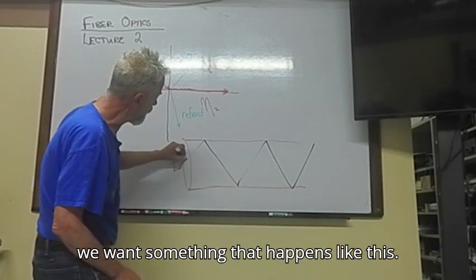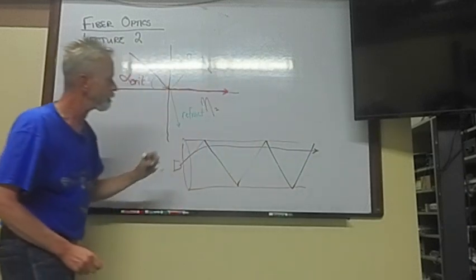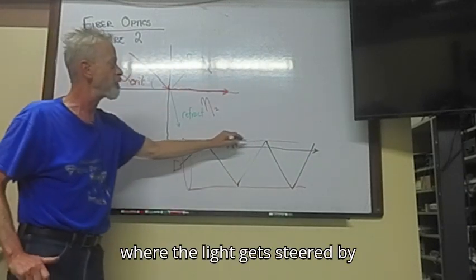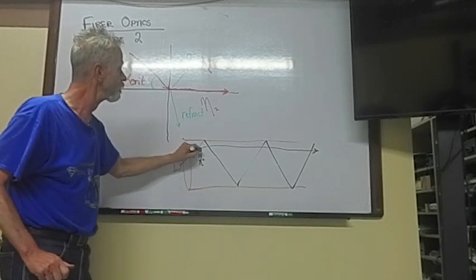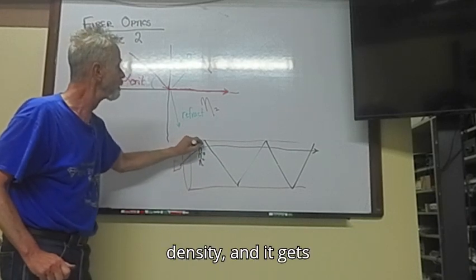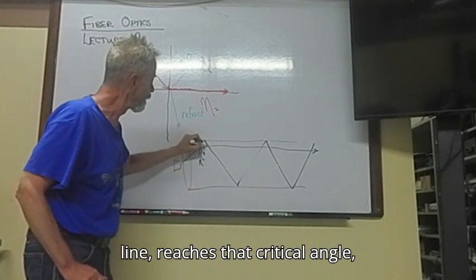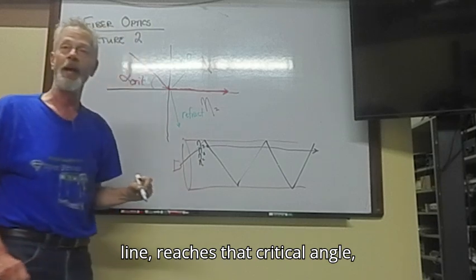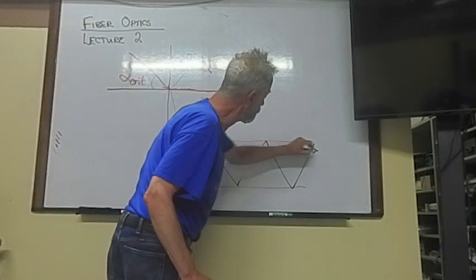We want something that happens like this, where the light gets steered by different values of density, and it gets steered somewhere along the line, reaches that critical angle, and then goes along that boundary.